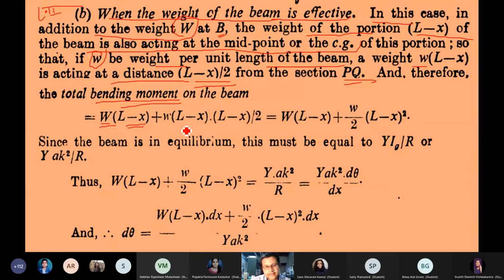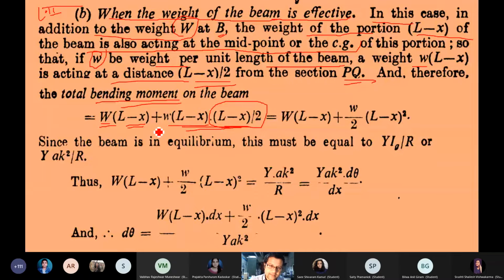Now the next bending is because of its own weight, over that particular length. So w(L minus x) is multiplied with the average of the length over which it is acting, I mean to say the product with this quantity.